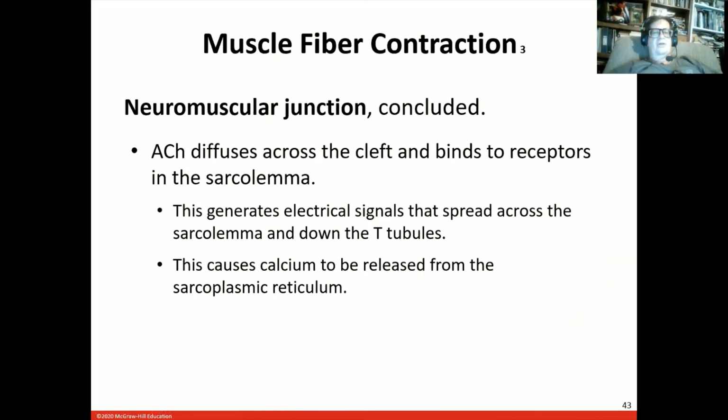All right, so the acetylcholine goes across the synaptic cleft, binds to receptors, and that causes an electrical signal to go across the cell plasma membrane, down the T-tubules to get very close to the sarcoplasmic reticulum, which you remember is just muscle cell endoplasmic reticulum that is being used to store calcium. What that electrical signal does when it gets close is it causes the sarcoplasmic reticulum to dump calcium.